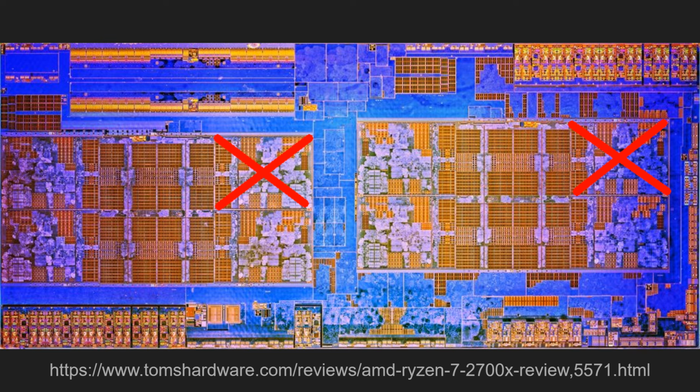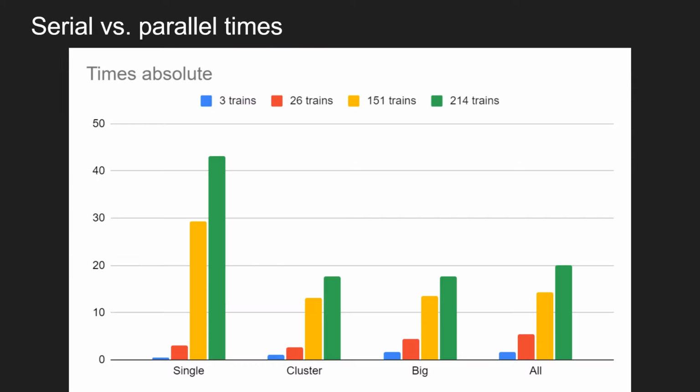The important thing to know here is that the communication latency between cores within a given cluster is much lower than when you're talking between different clusters. So you would expect that the overhead from parallelizing when you're running on a single cluster is going to be lower. With that background out of the way, we can talk about the scaling that I achieved.